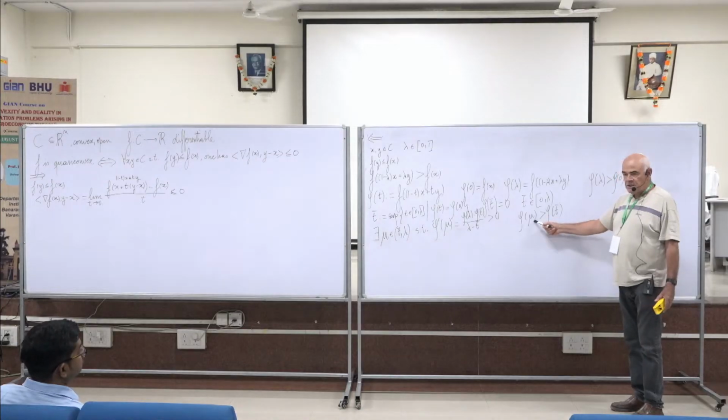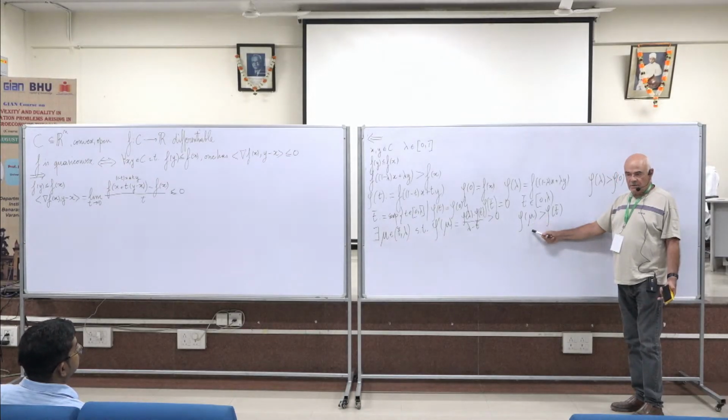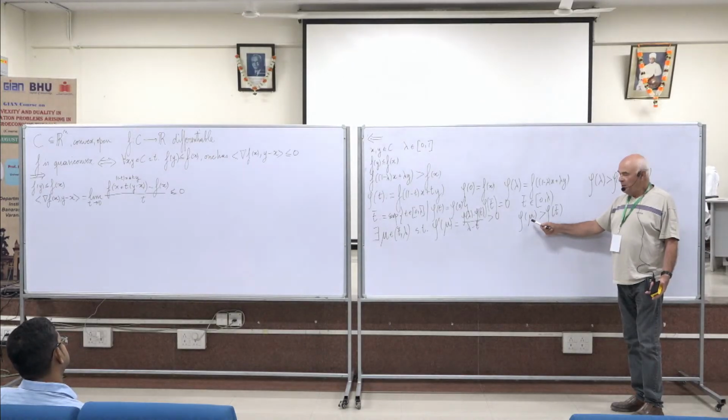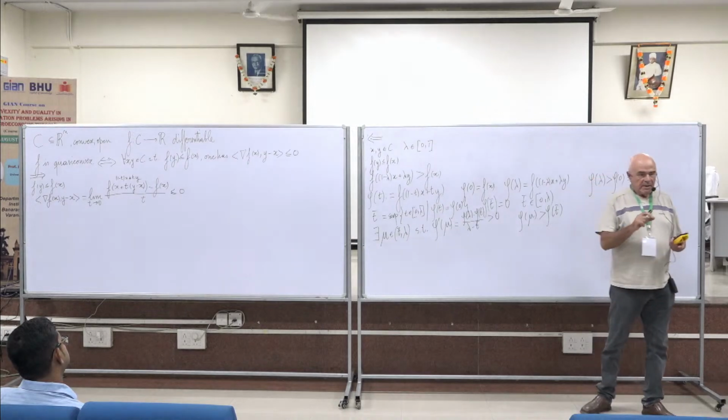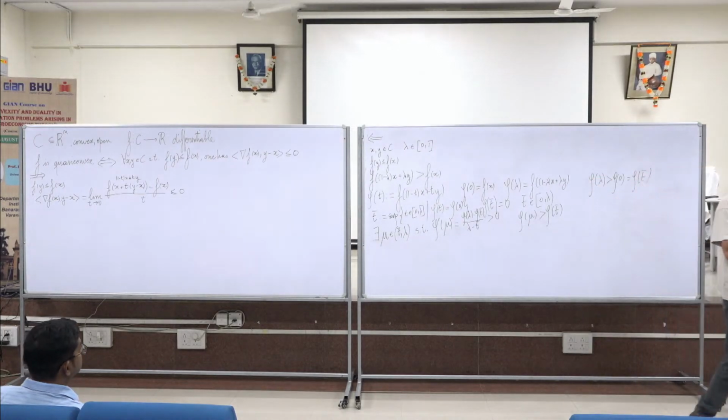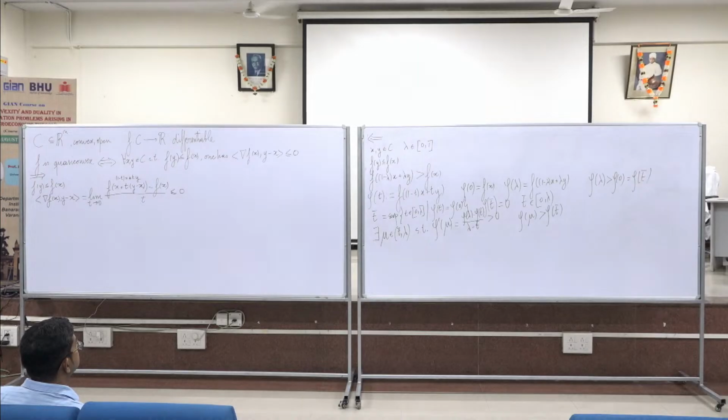So this cannot be 0, but cannot be negative, because then by the intermediate value theorem between mu and lambda, there would be a point where phi would vanish, which contradicts that t bar was the largest value in this interval where phi vanished.